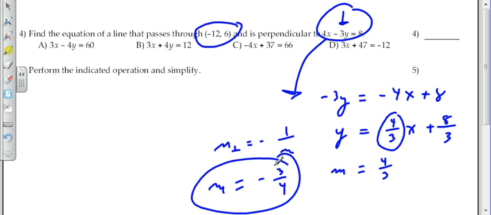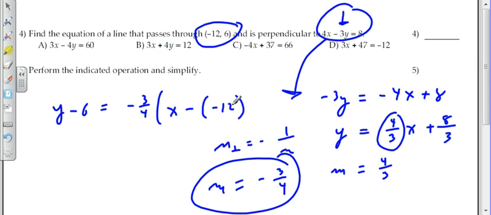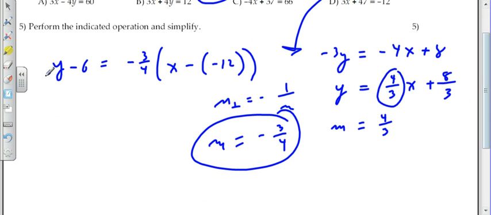All right, now in the front of your book you have a point slope formula that says y minus 6 is equal to the slope times x minus a minus 12. And then we're going to take that formula and turn it into something that's useful.